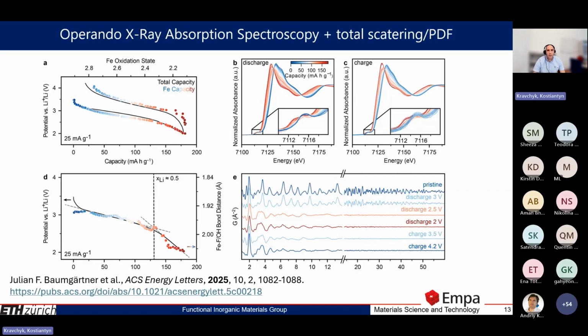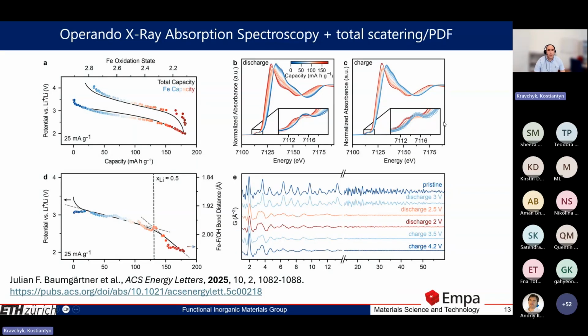With this method, one can check the oxidation state of your active material, or of the transition metal in your active material. In this case, for example, we were studying chemical changes happening as a result of lithiation and delithiation of iron fluoride.